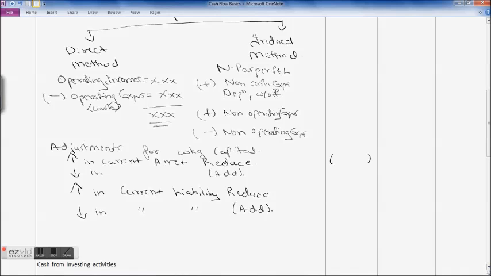Similarly, when an expense is outstanding for a particular month, we are not considering that as a cash outflow for that period, as there was no cash outflow.